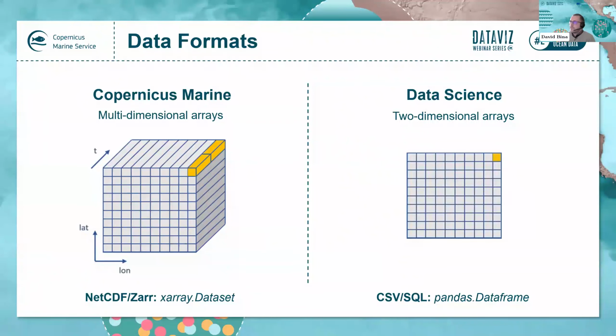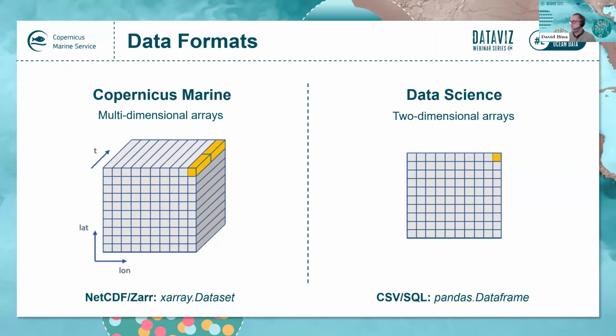On this slide, I have just represented schematically what I have just said. On the left, we have a representation of Copernicus Marine data, so multidimensional arrays. On the bottom, you can see that we can open a NetCDF or Zarr format with Xarray, which is a Python package, as a dataset. On the right, I have put data science, but I know that not all data science data are two-dimensional.